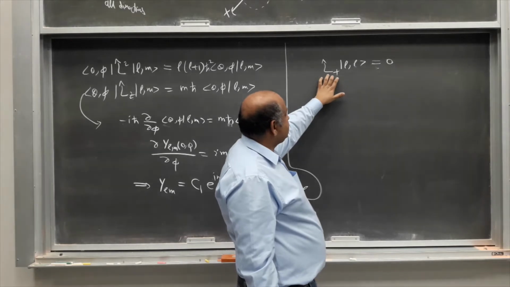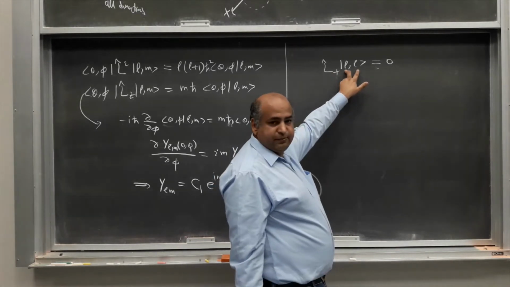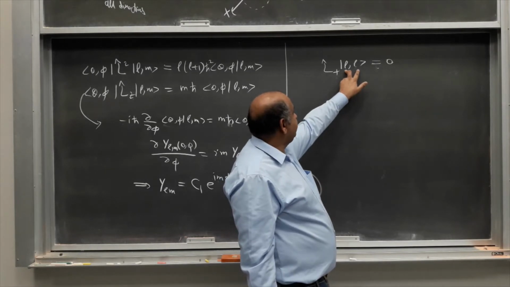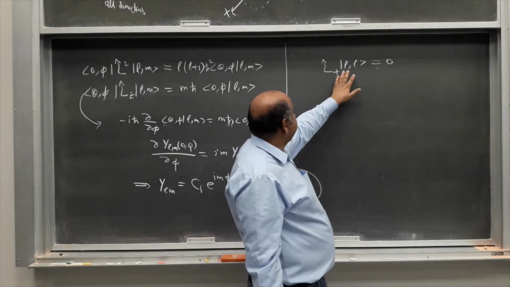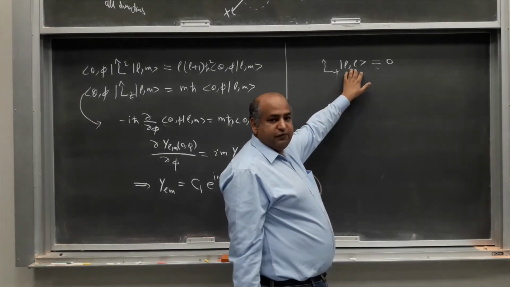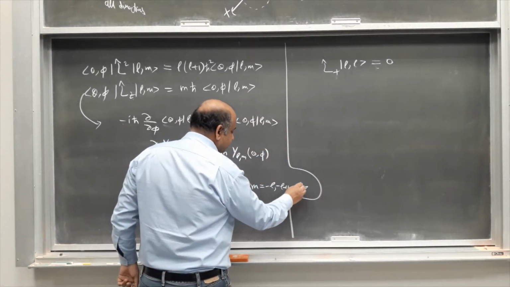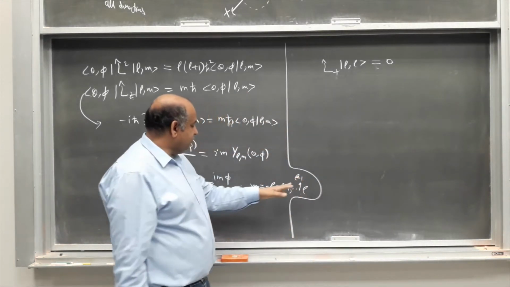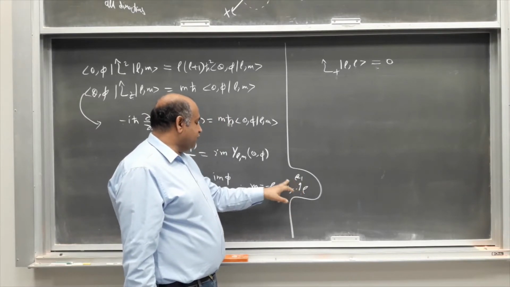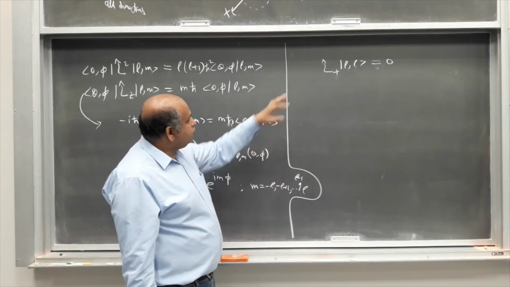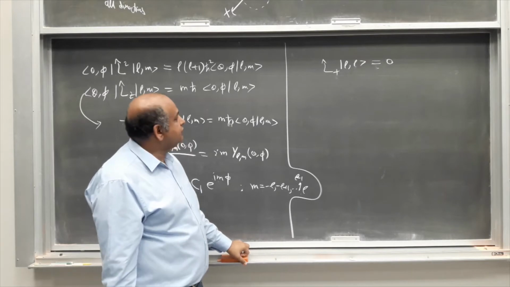This is going to be our starting point, and using this we solve for this state. Once we have it, I can easily obtain the other states by operating with the lowering operator. If I lower it once, I will have the state just before this one, the L minus 1 state, and if I operate the lowering operator again, I get the next state, and so on. So our focus is on finding this maximum m state, which is the L L state.